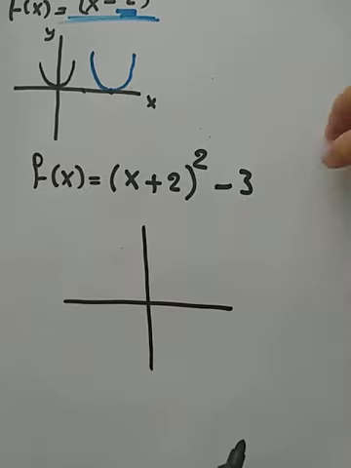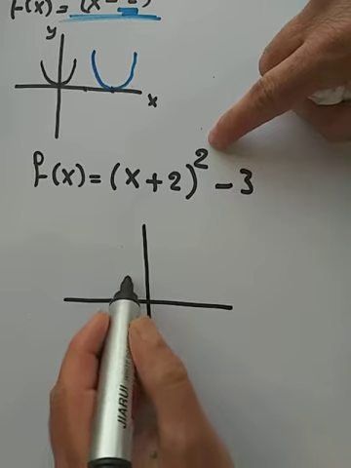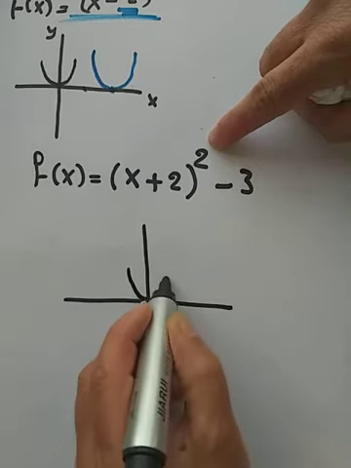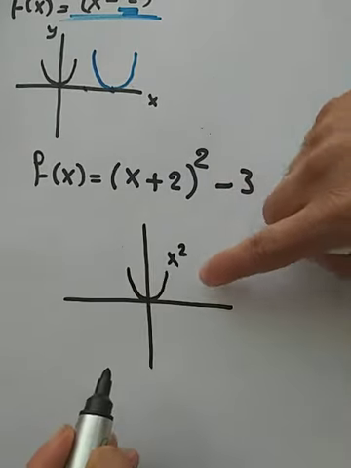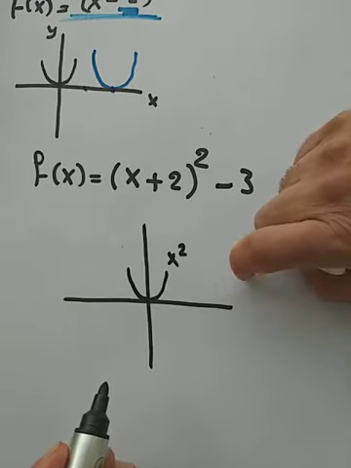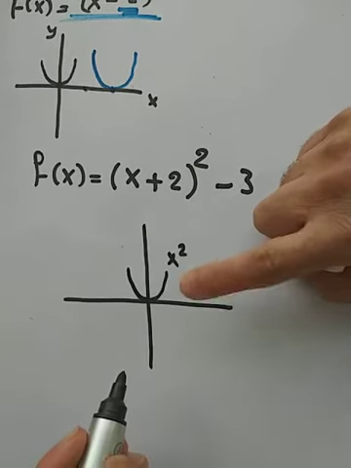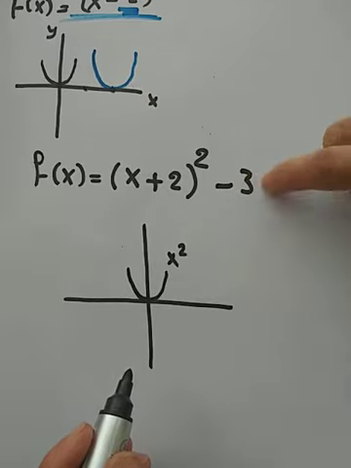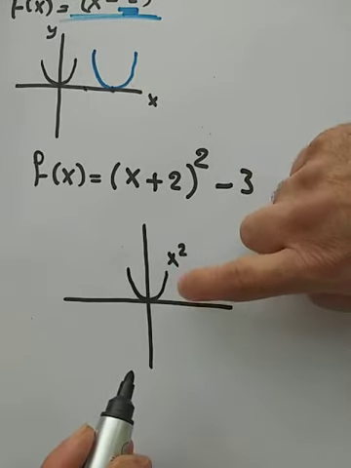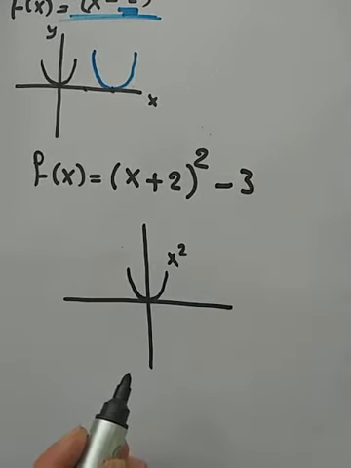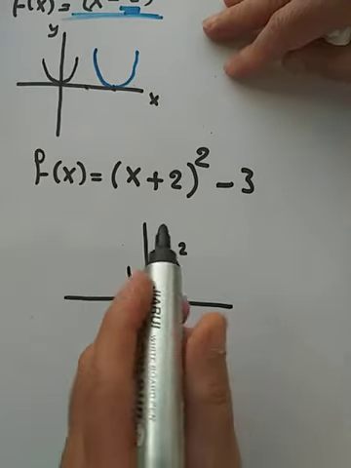What's the parent function? The parent function, or guide function, is x squared. But you don't need to graph this x squared always. You don't need to in an exam, it is just for explanation.